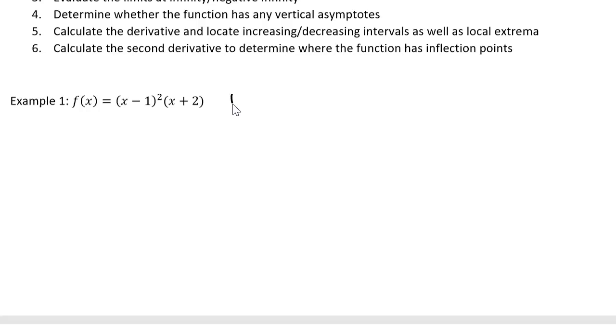So step 1, I know that this is a polynomial function. By looking at the degree, I know that this function is approximately a cubic. And then since the leading coefficient is positive, I know that it is odd positive.